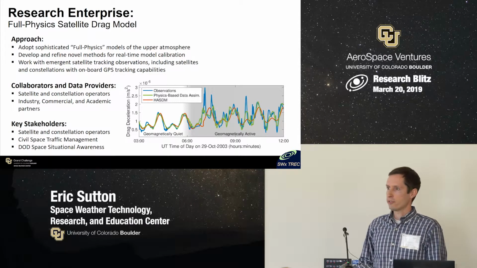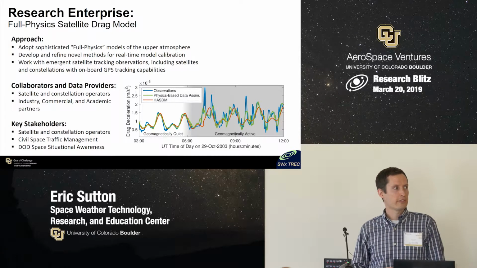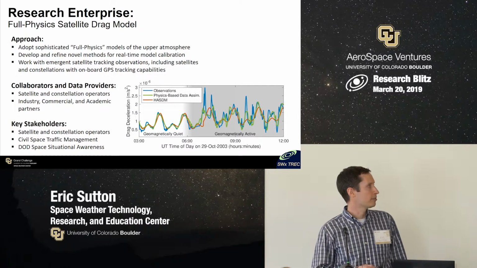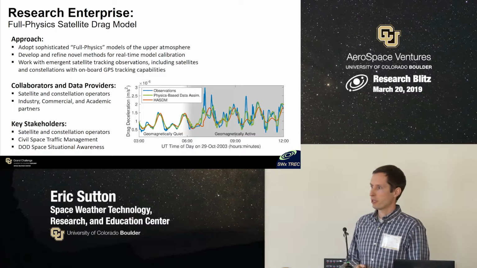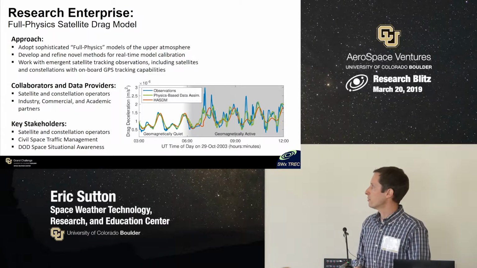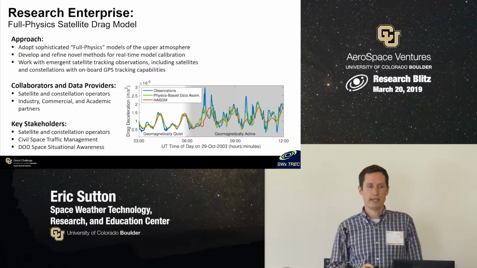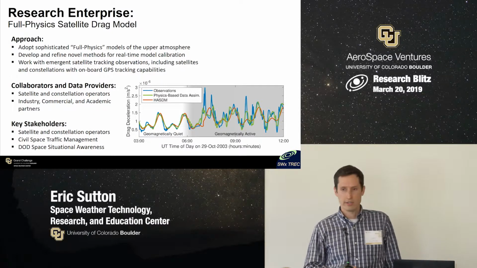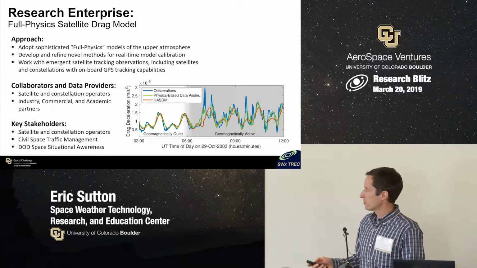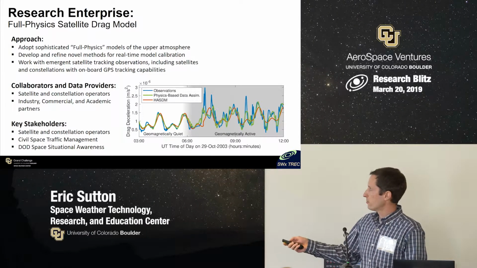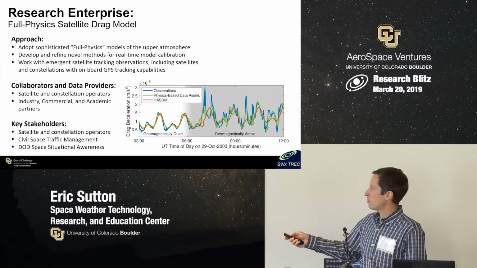Our approach has been to take a model of the upper atmosphere and use recent data to calibrate or tune the model to give a much better prediction, sort of a real-time correction to a model, if you will. Now this is not necessarily a new way of doing things, but what is new about it is that we adopt some of the most sophisticated full physics models of the atmosphere.